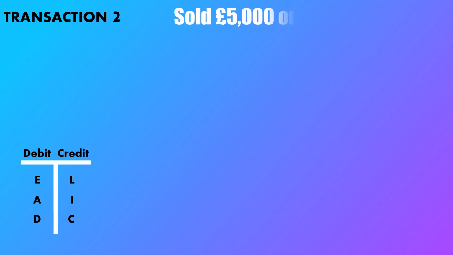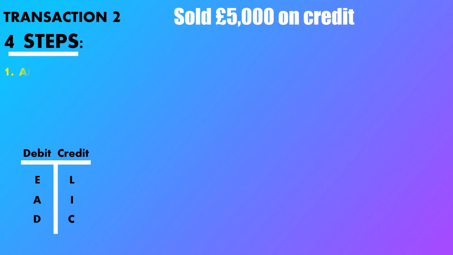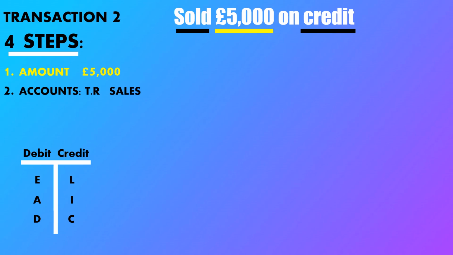Transaction 2 says they made a sale of £5,000 on credit. Using the 4 steps, for step 1 it is £5,000, for step 2 it is trade receivables and sales, as the word sold relates to sales and the word credit relates to trade receivables, as they have been given some time to pay that amount. So they must pay £5,000 after the credit days.